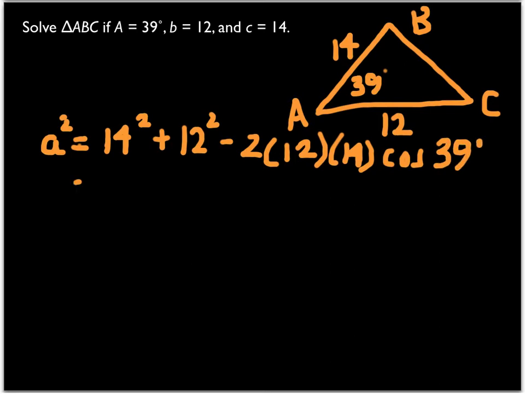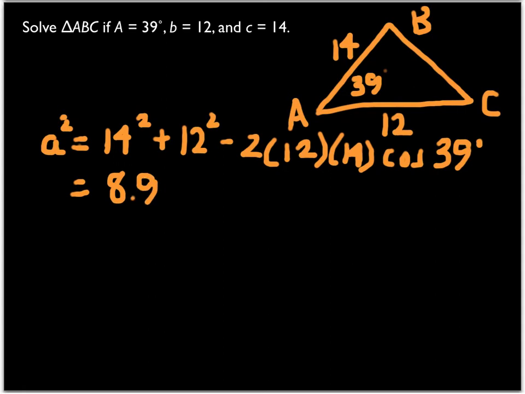Nice thing about the law of cosines is you can just plop all this stuff right in your calculator. Just be careful when you calculate all this stuff on the right side. Some people stop here, but remember it is A squared, or that value squared that we have here. So if I do this and take the square root, I will get 8.9. So that's what that side A is.